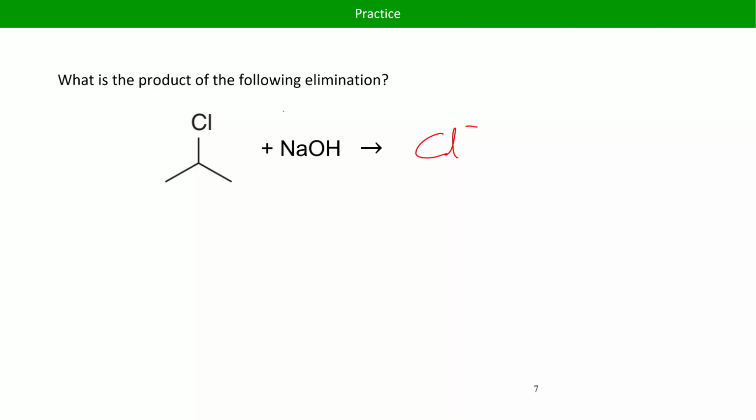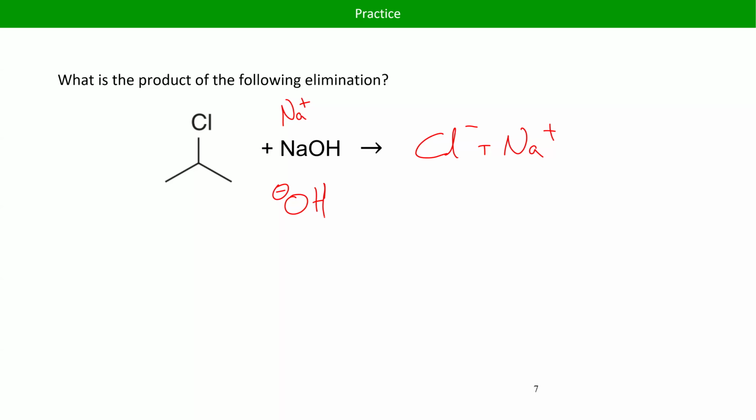The sodium ion is still going to be a spectator ion. In an elimination reaction though, that nucleophile acts as a base, meaning it's going to accept a proton, not attack a carbon. It's going to attack an H plus.